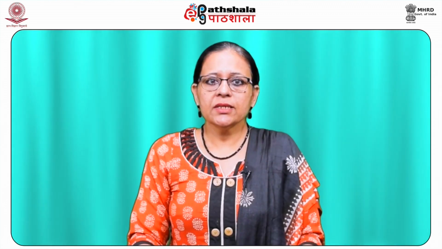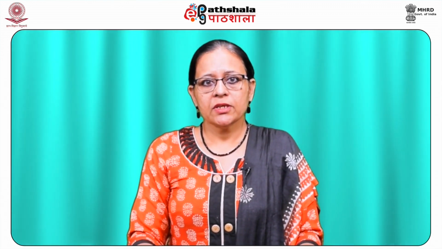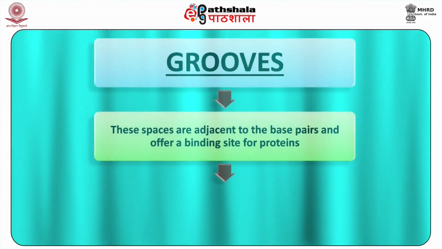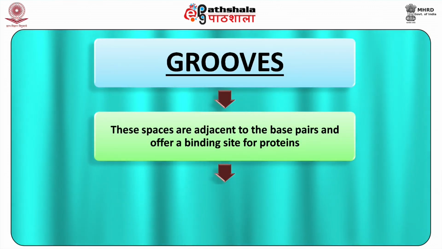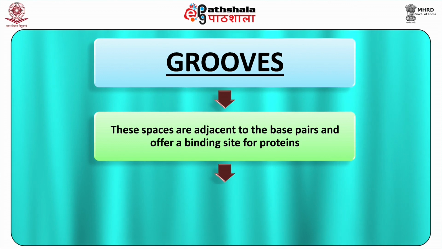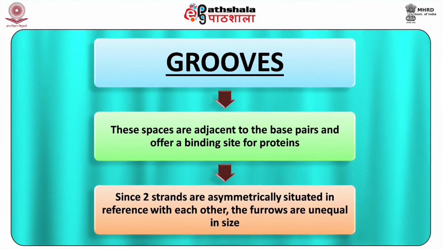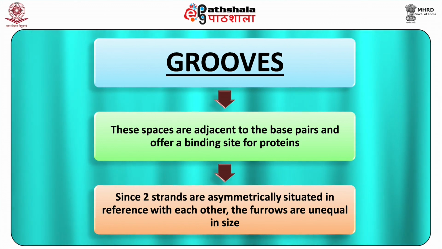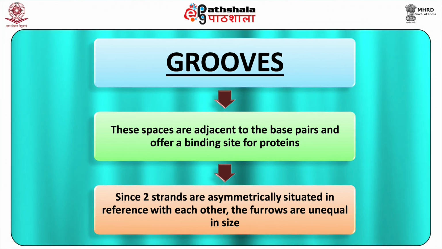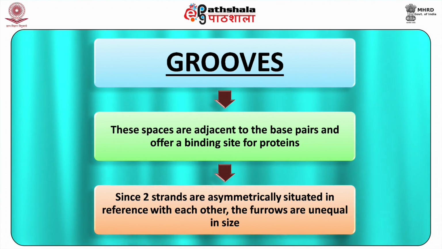Grooves. The helical strands that make the DNA backbone outline spaces or grooves between the strands. These spaces are adjacent to the base pairs and offer a binding site for proteins. Since the two strands are asymmetrically situated in reference to each other, the grooves are unequal in size.